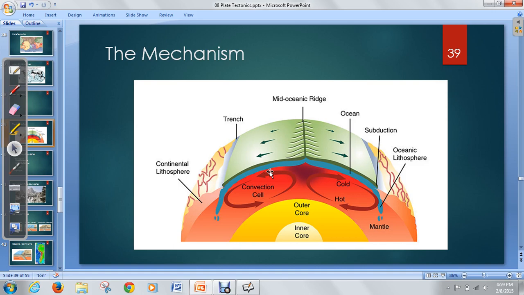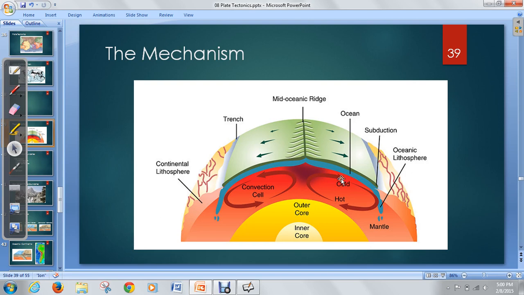Okay, this is one reason it's so important to understand the different parts of the mantle. We have the lithosphere, we have the asthenosphere, and we have the mesosphere. The lithosphere is the main part that cools this magma, and where the plates reside is on the lithosphere. This is where we're going to get most of the cooling effect occurring, and this is what's actually going to be moving, the lithosphere.